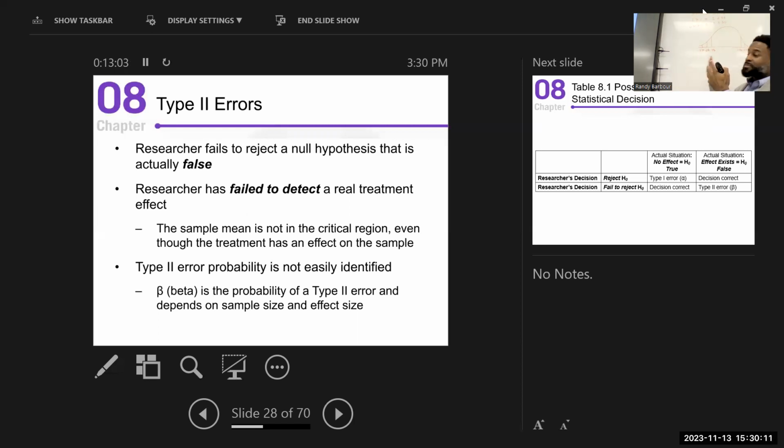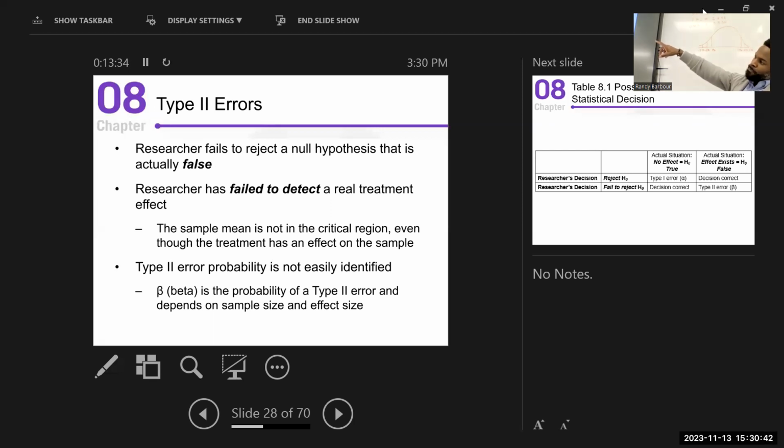Maybe the sample size is not large enough, or maybe the difference between the sample mean and the population mean is not as big as it needs to be. That means the sample means do not fall in the critical region, even though the treatment has an effect on the sample. And there are several reasons why we might get a type 2 error.